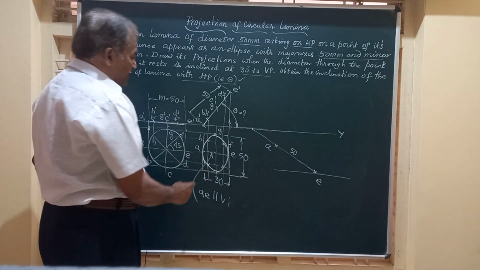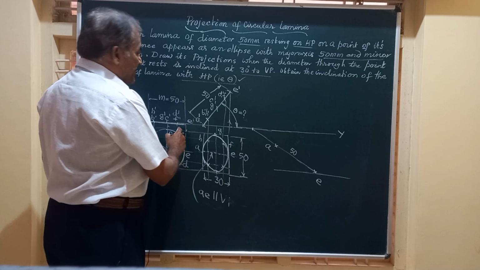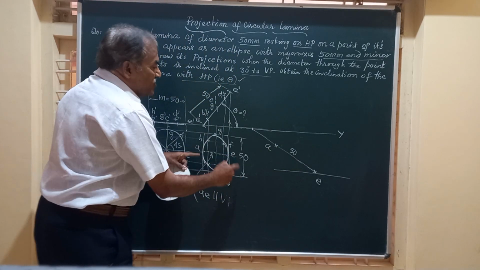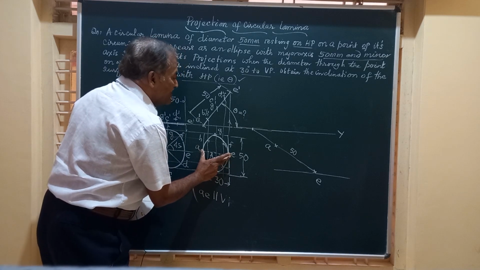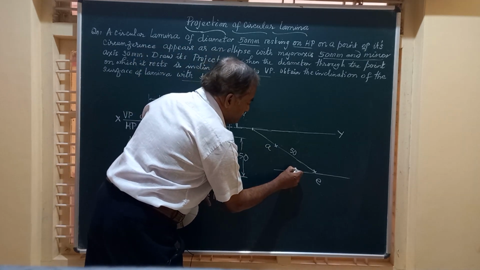Next friends, this AE is the true length, that is 50 mm. I have marked it here. But finally, this is the reduced length. I take this width, that is 30 millimeter, the minor axis, as the radius, and strike an arc.